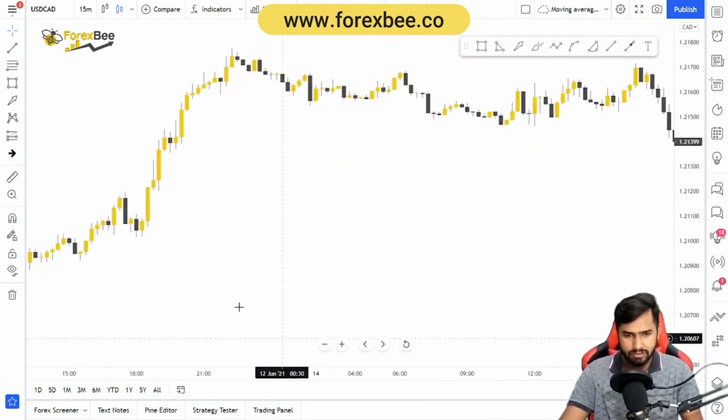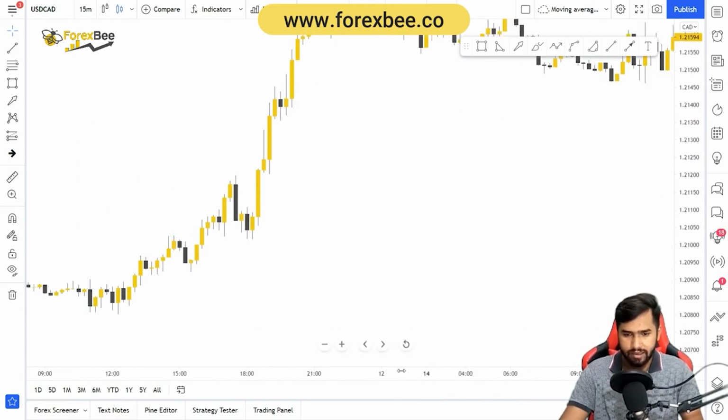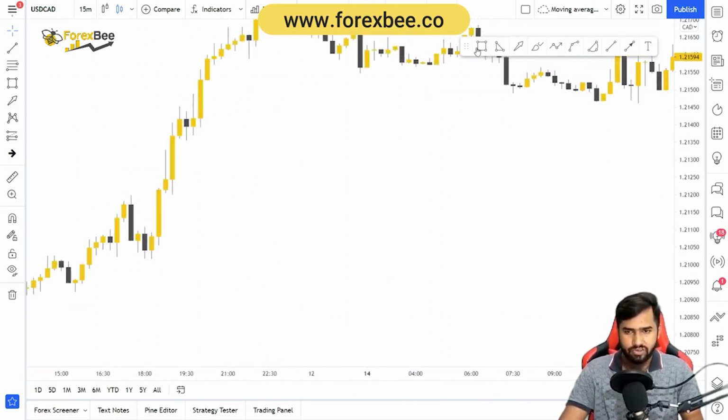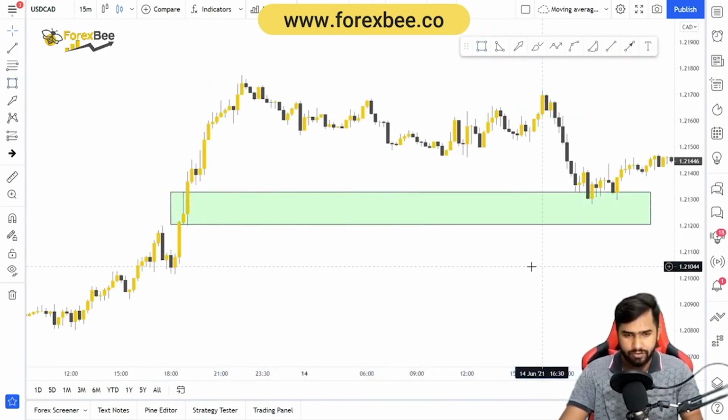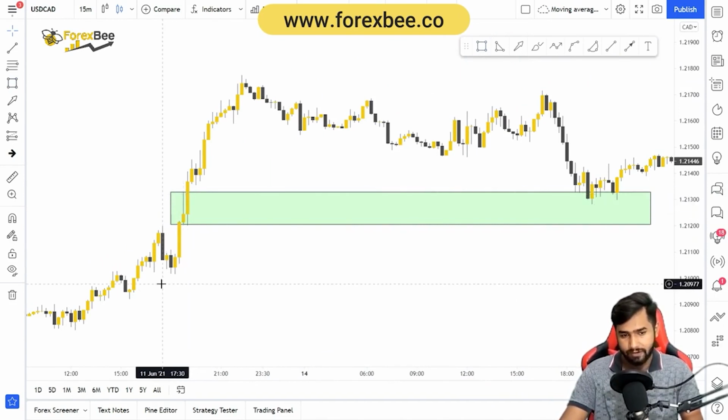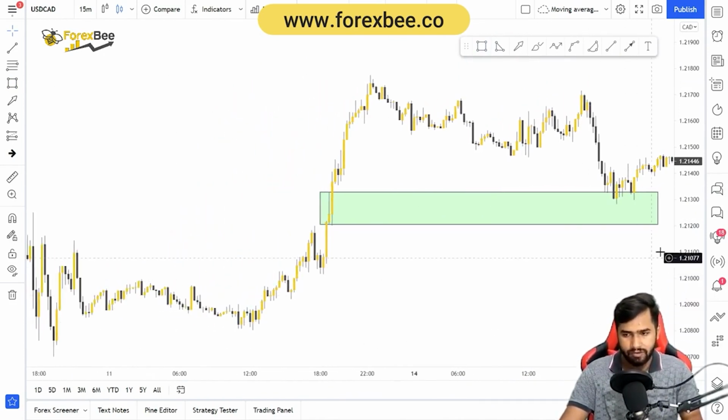So let me just zoom this in, and let me just draw that zone so that you can see. So this is our rally zone. Okay, and what we need to do is, again, we need to confirm if this zone is a strong demand zone or a weak demand zone.